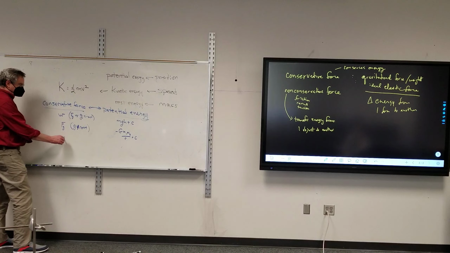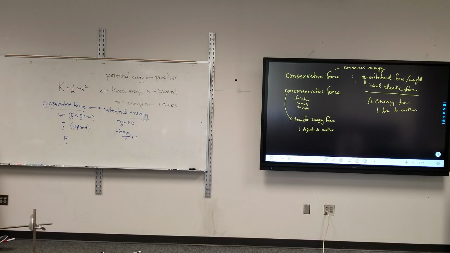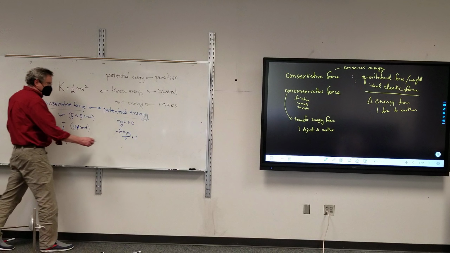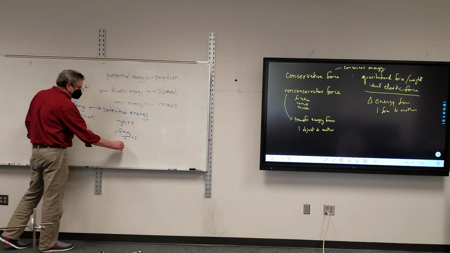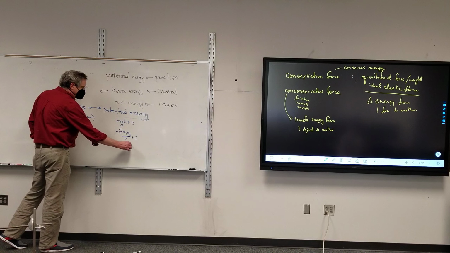Ideal elastic force. F sub S, S for spring, an ideal spring, because I saved the subscript E for electric, which is also a conservative force. And the formula is 1/2 little k delta x squared.